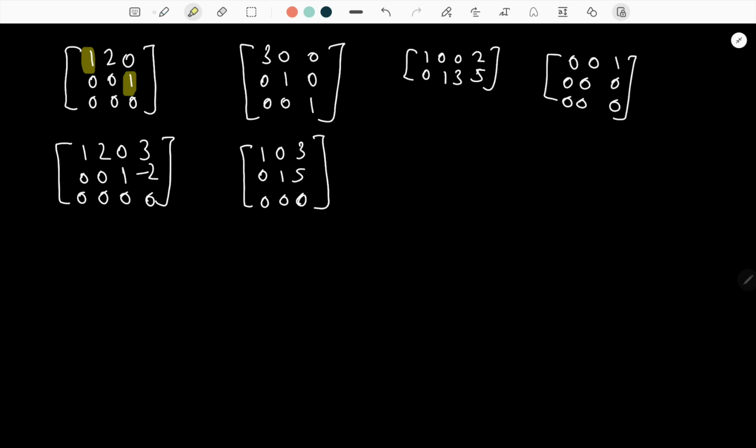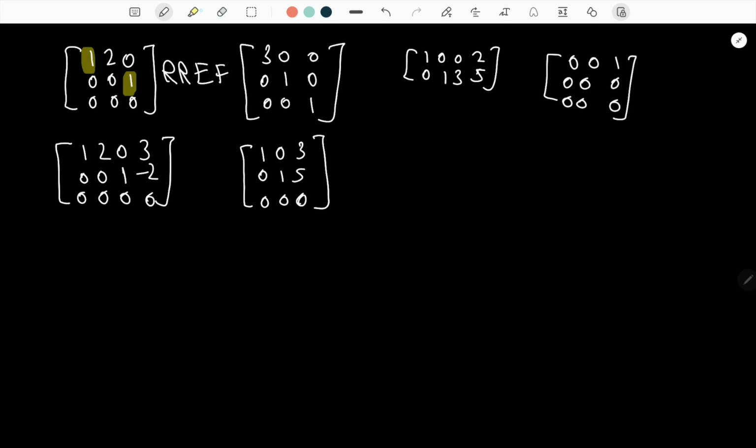So that's a trick. So let's say if there was a number here, 6 or 3 or whatever, then this will be REF. But since there is no number above it, that means that it is in RREF, sorry, I keep confusing them. Yeah, so first is this.